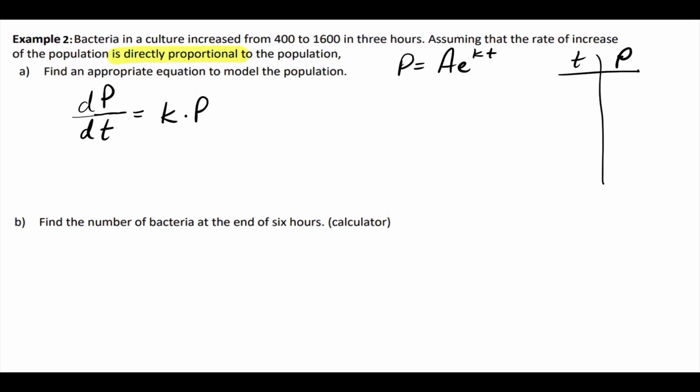Okay. So 400 is the population. 1600 is another population. What time goes with those? What time goes with 400? What time goes with 1600? Yeah, we can use 0 as 4.